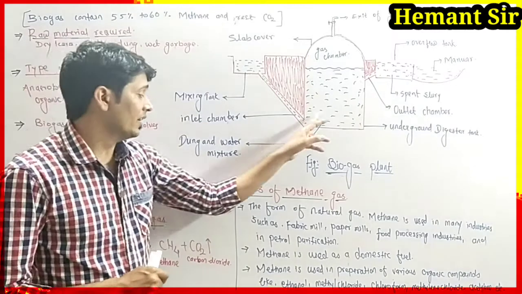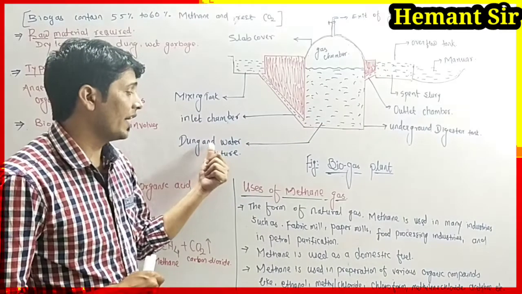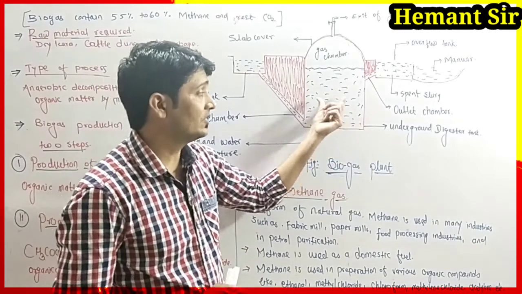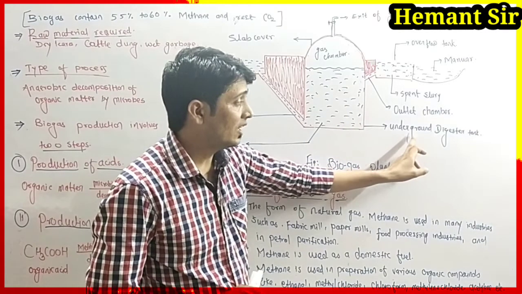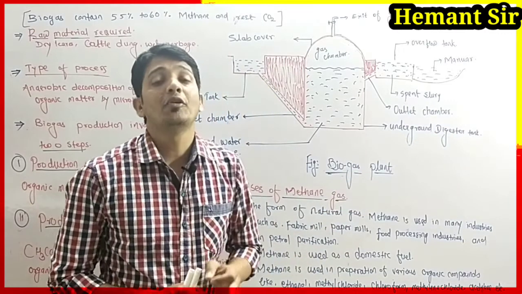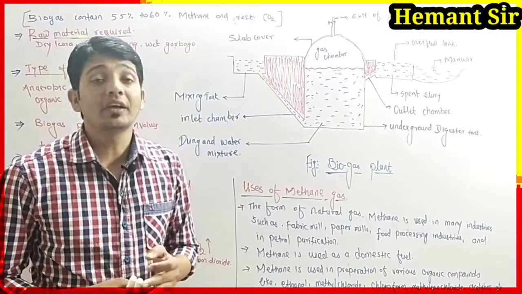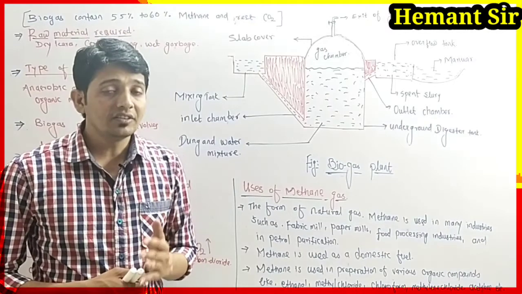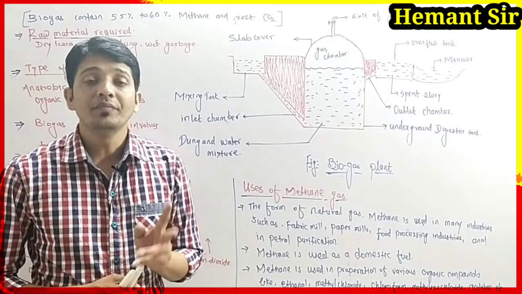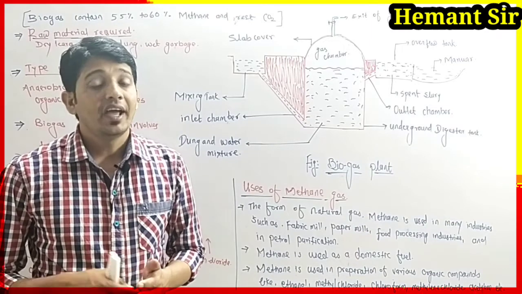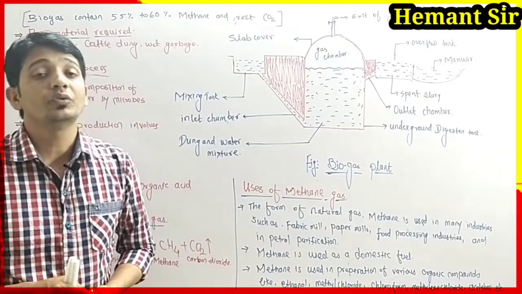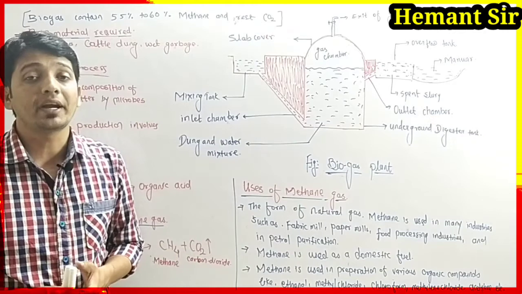Here it is the dung and water mixture. This tank, which is underground, is the digester tank, where anaerobic bacteria and other microorganisms decompose the organic waste to form organic acid, and then this organic acid is converted into methane gas with the help of methanogenic bacteria.